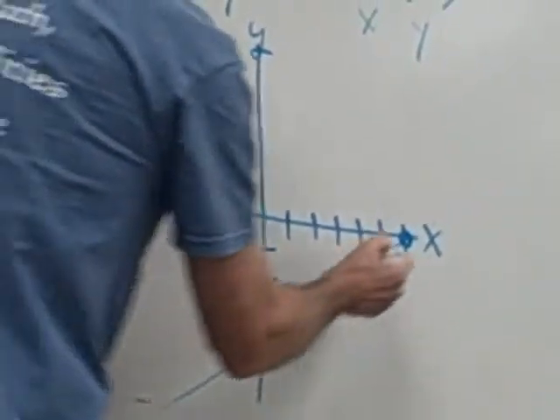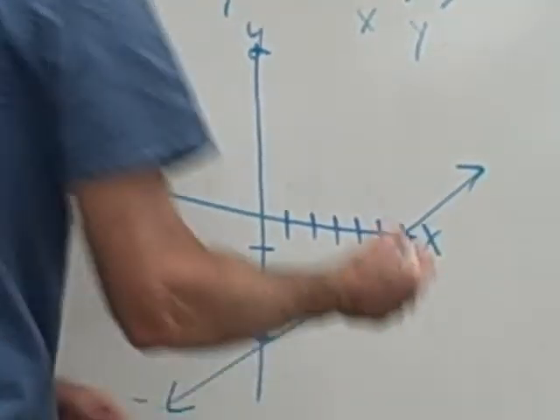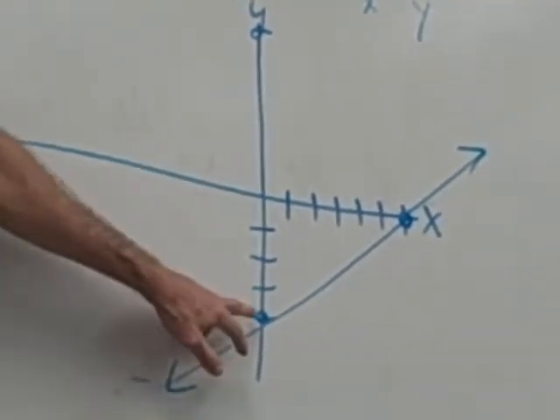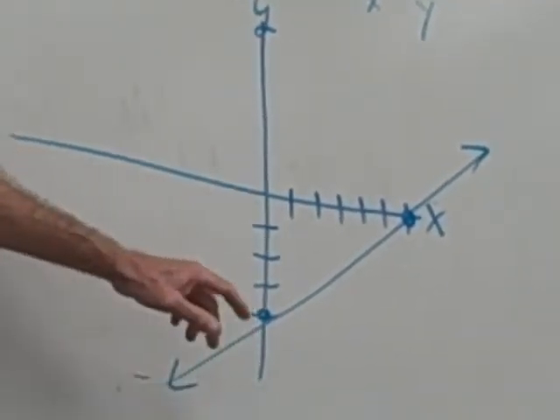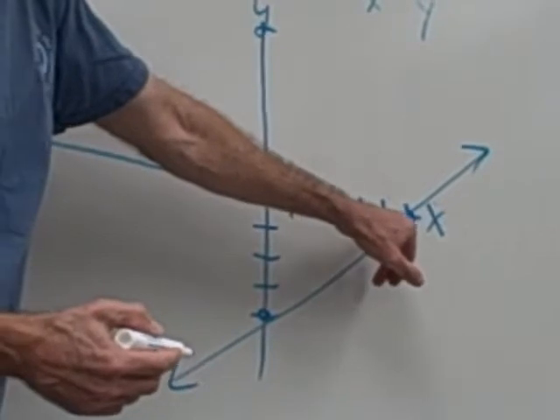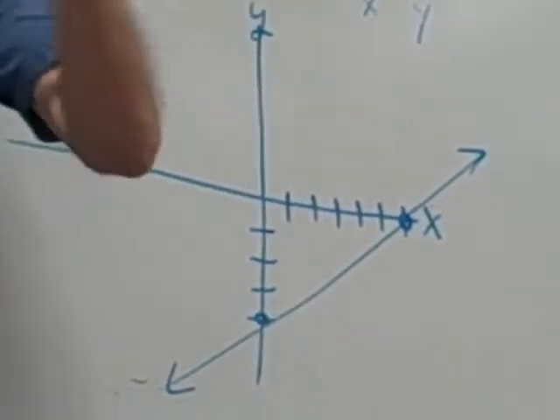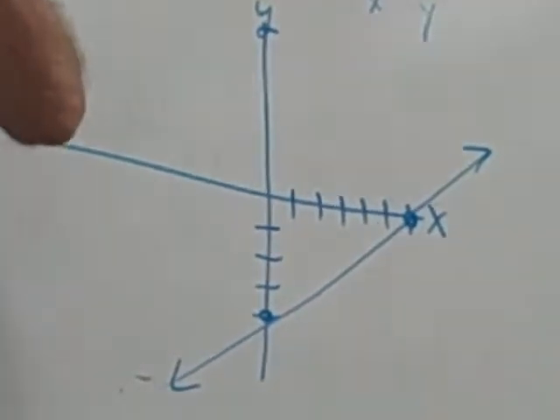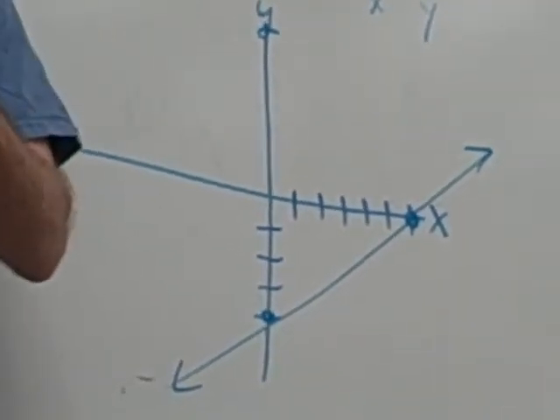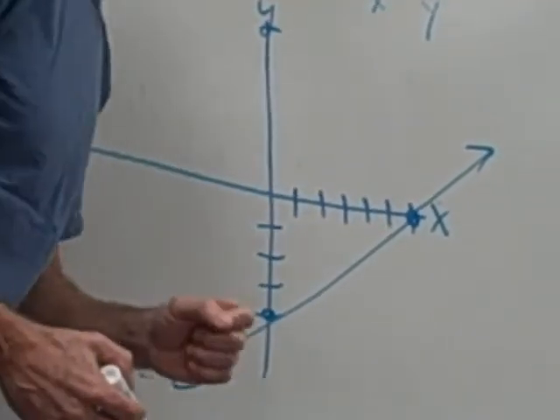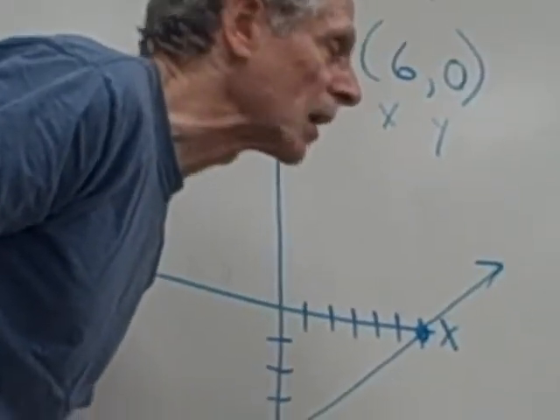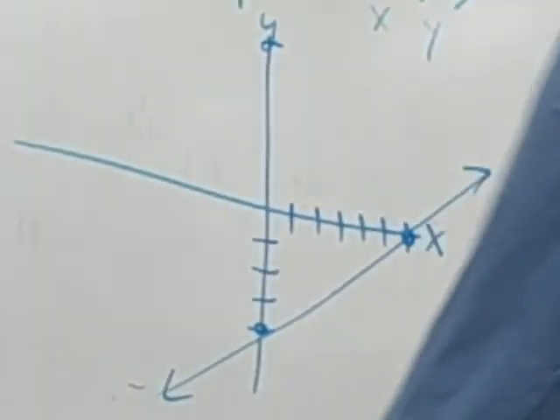And look, we have the graph here. The y-intercept is 0, negative 4. The x-intercept is 6, comma 0. Are you getting this? X, Y, alphabetical order; horizontal, vertical, alphabetical order. You'll never get your graphing wrong again. All right, now.